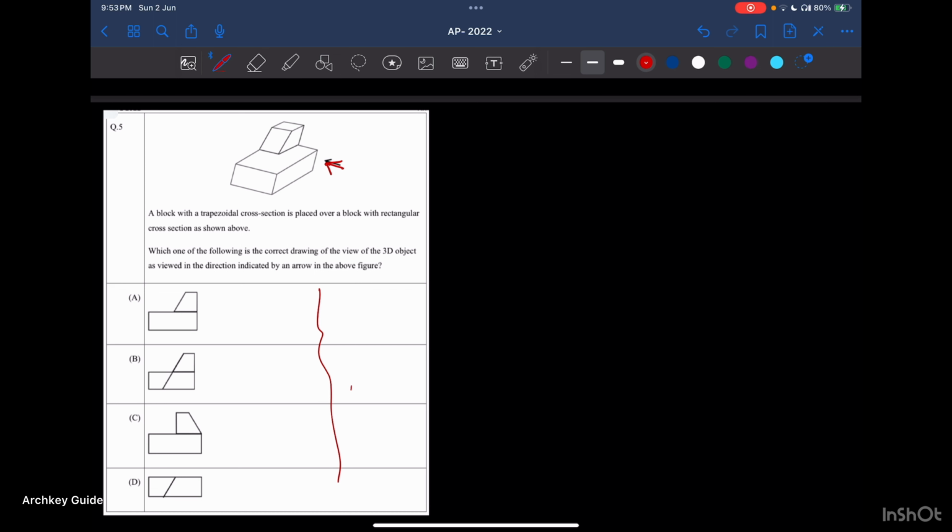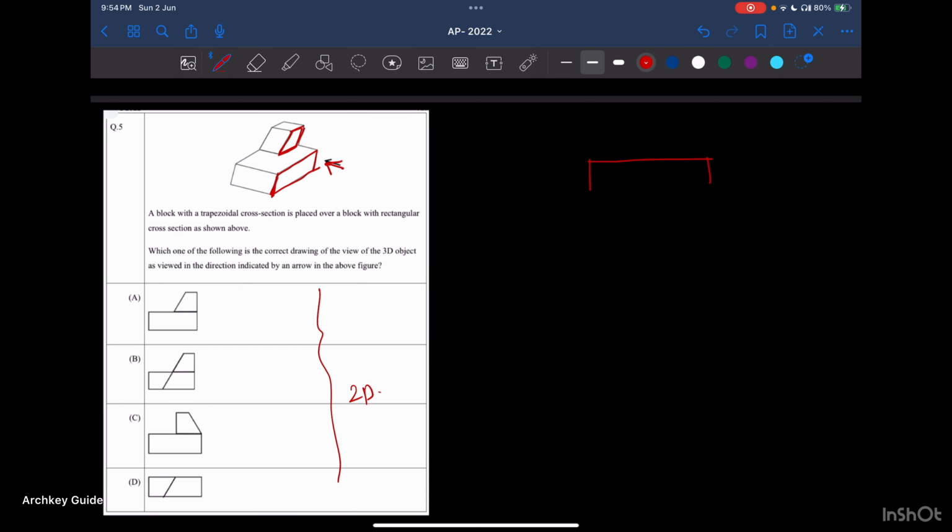Since all of this is in 2D, which one is correct? So if I see from here, I'll be able to see the lines. I won't be able to see this line, so I won't mark it. I'll be able to see this, this, this, and this. So hence it would be okay.